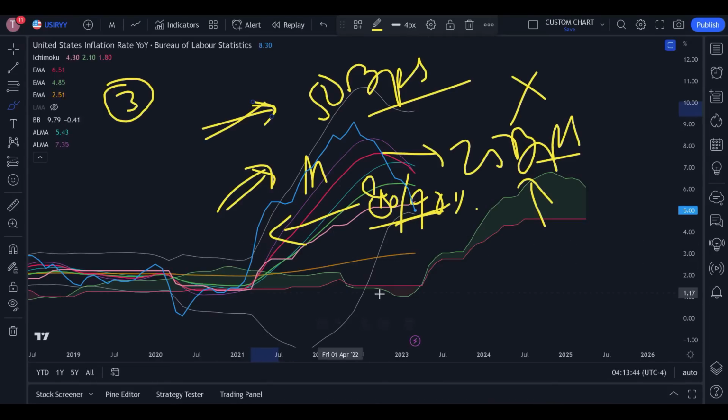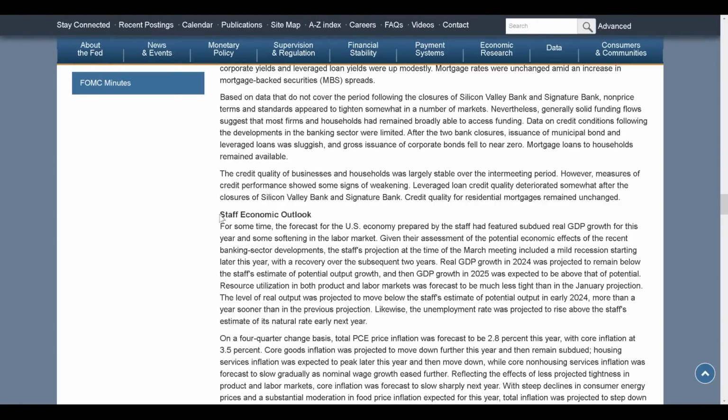Now, the other thing was that the Federal Open Market Committee members have anticipated a mild recession. This was the economic outlook, from the Federal Open Market Committee minutes of the meeting. If you want to access it, you can do so directly through the Federal Reserve website.